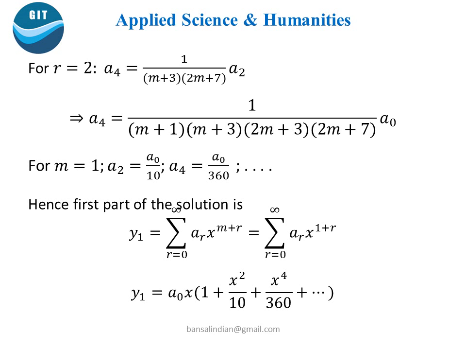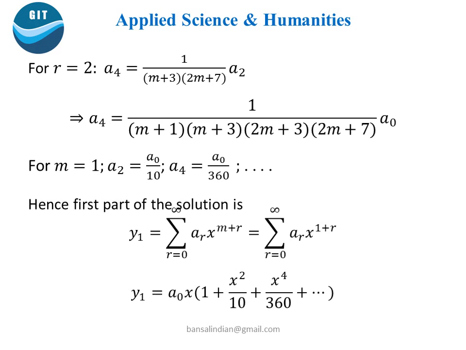So we will get a_4 in terms of a_2 as 1 upon (m + 3)(2m + 7) a_2, and on putting the value of a_2, we can get the value of a_4 in terms of a_0. For m equals 1, if we calculate, we'll get a_2 equals a_0 upon 10 and a_4 equals a_0 upon 360.